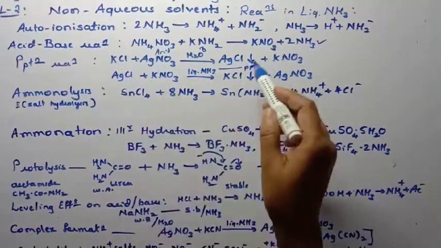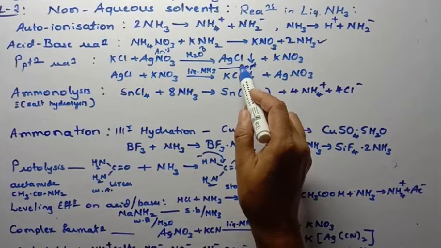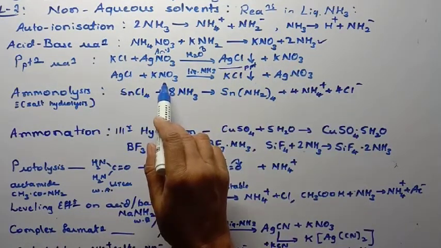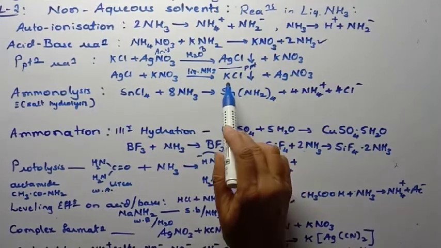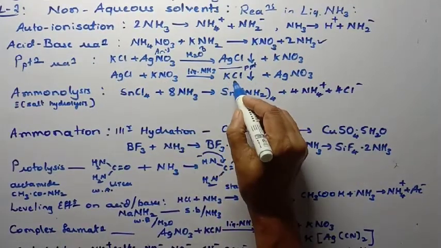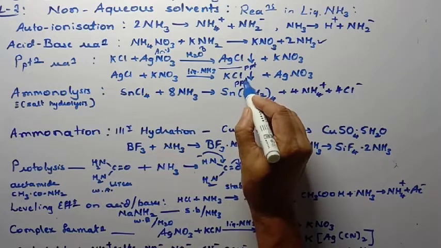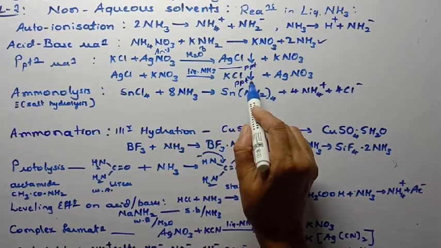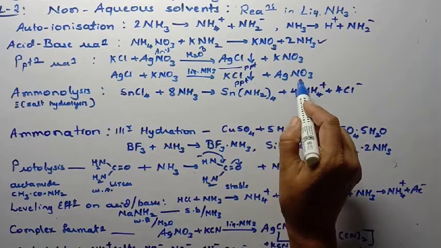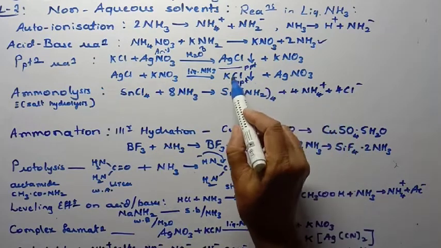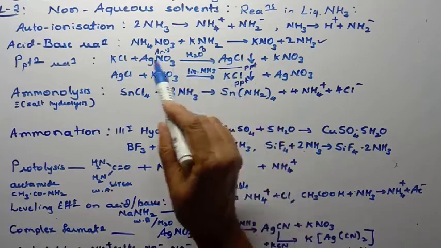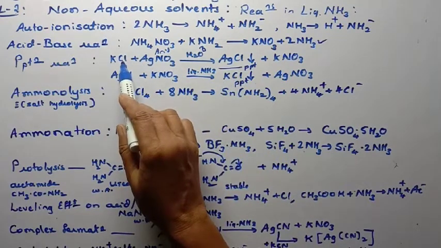When AgCl is mixed with KNO3 in liquid ammonia, it gives a precipitate of KCl. This is not possible in water, but in liquid ammonia the precipitation of KCl happens with the liberation of AgNO3. That means KCl is insoluble in liquid ammonia, but KCl is soluble in water.